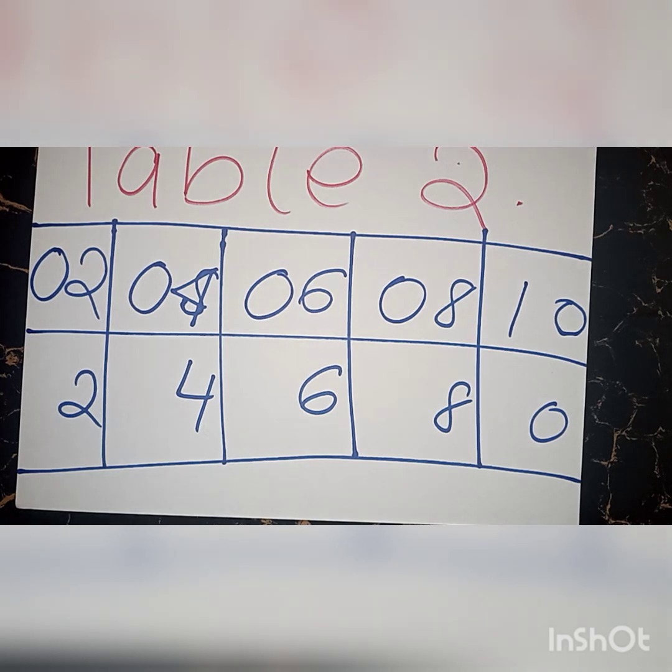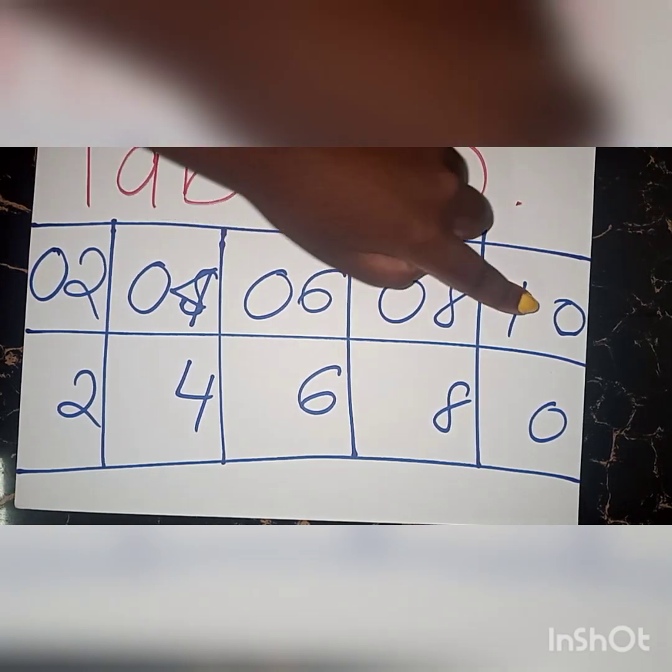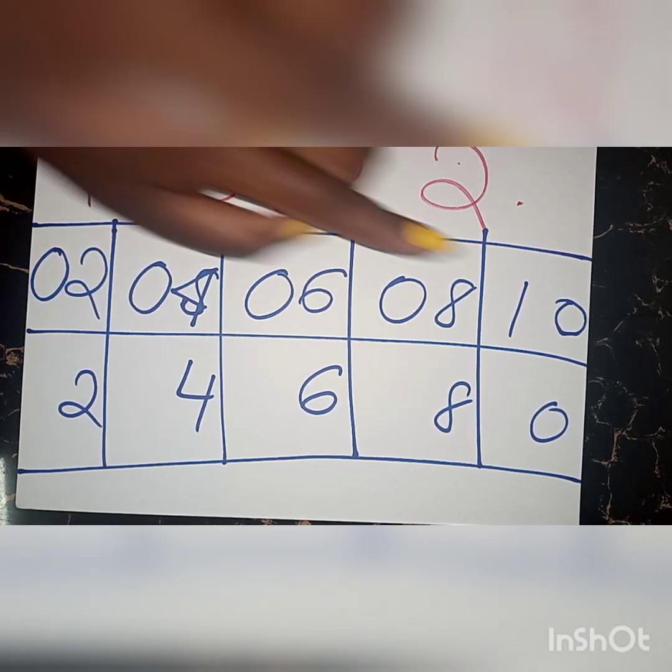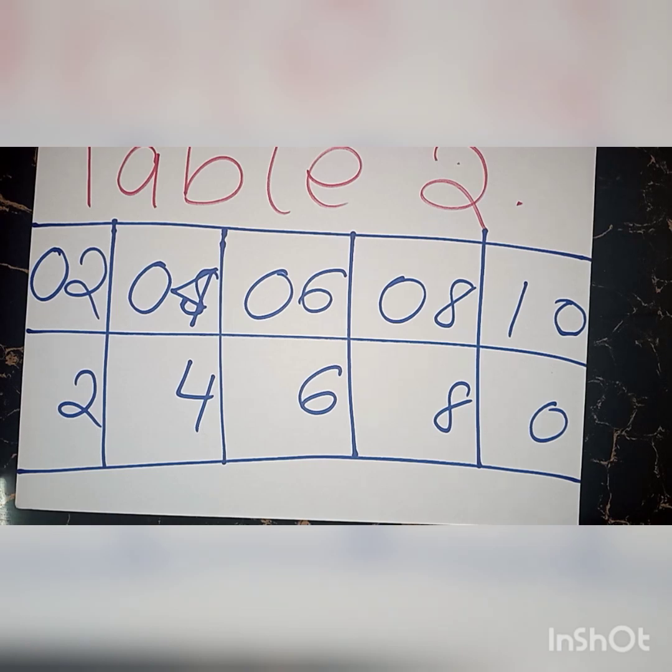So we have this. Okay, and I hope you've realized that there's always an exception every time we have a 0 in the ones place. That's why the exception is here. Are we together?